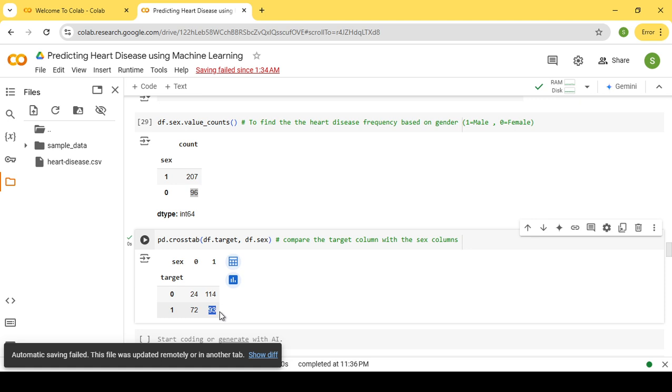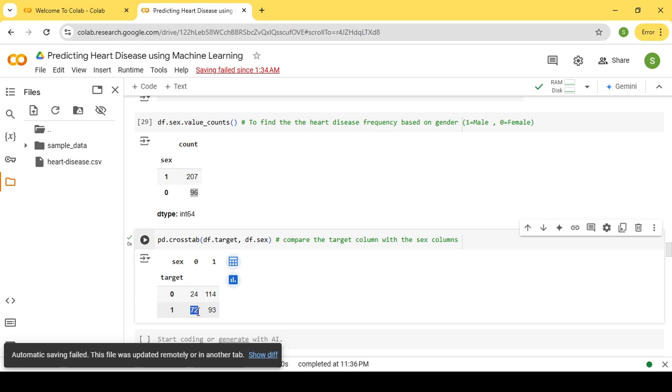If you think about the proportion or percentage of women from the total that we have in our data set, you will find that 72 women out of a total of 96 have heart disease, and that represents around 75% of the total females.